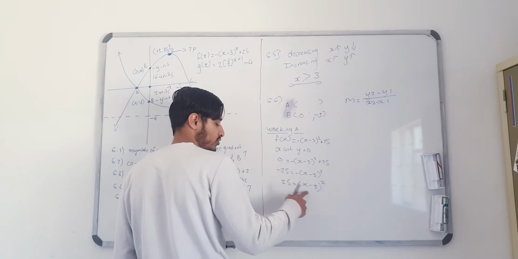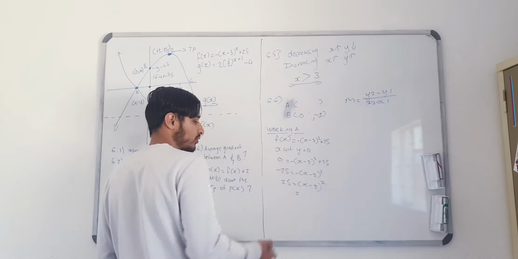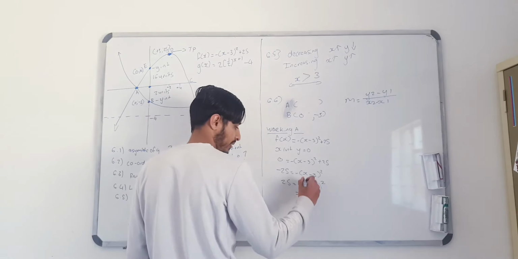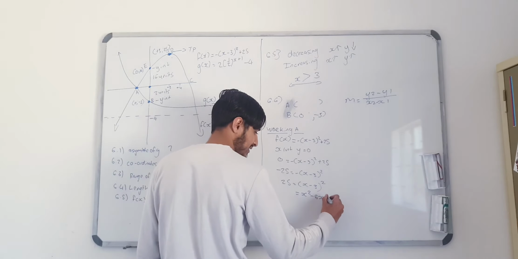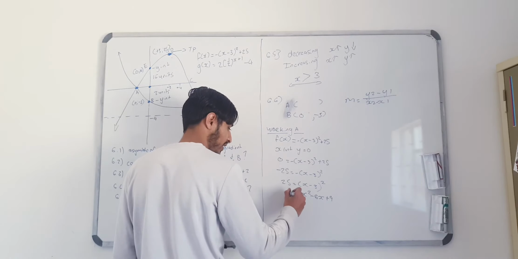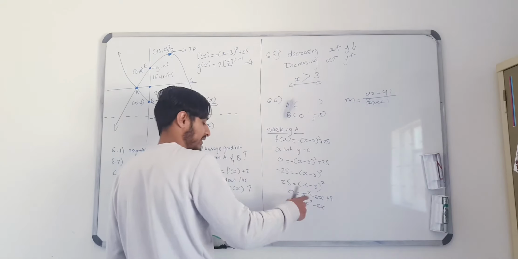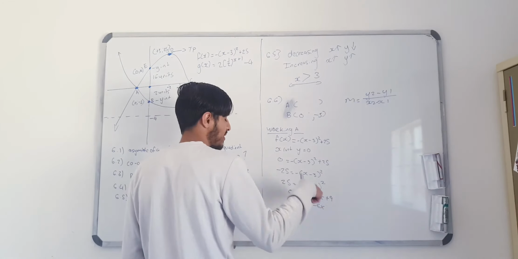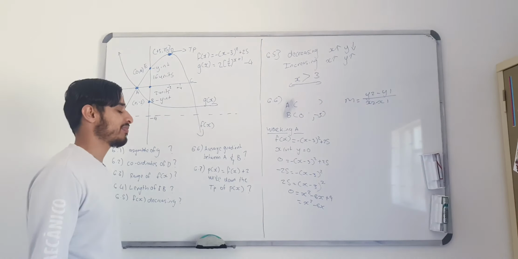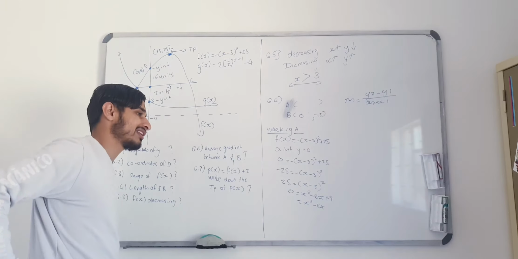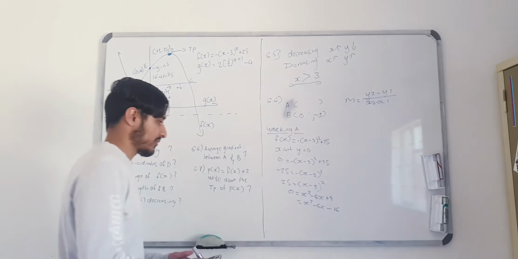Now I can do squaring over by binomial, or I can root it and then solve, but let's do squaring over binomial. Gives me x squared minus 6x plus 9. Take the 25 over, make it 0. X squared minus 6x, if I take this 25 back over, it becomes minus 25. So, minus 25 plus 9 will give me negative 16, if I'm not mistaken.